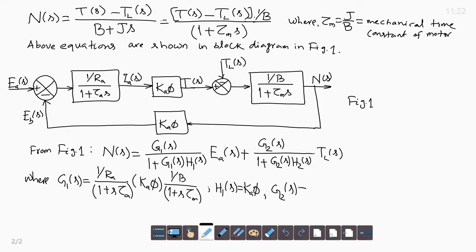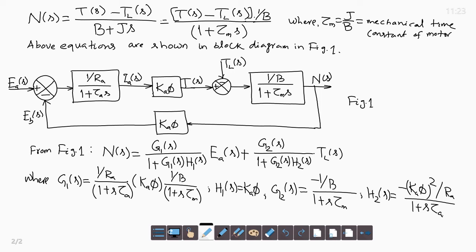G2(s) is minus 1 by B divided by 1 plus s tau M, and H2(s) is minus Ka phi square by RA divided by 1 plus s tau A. These G1, H1, G2, H2 are obtained from the block diagram of figure 1.